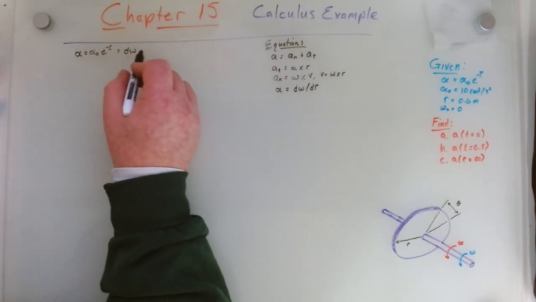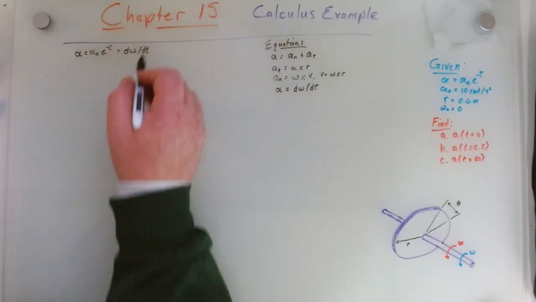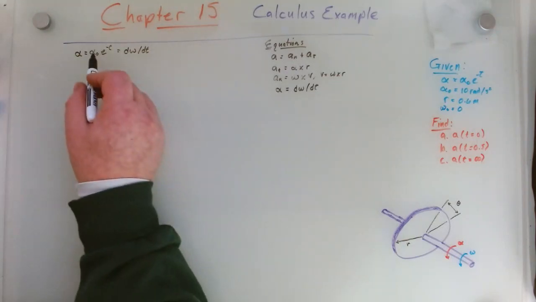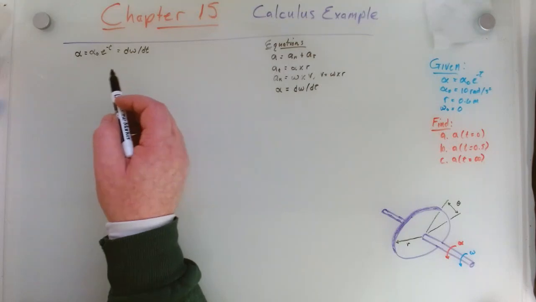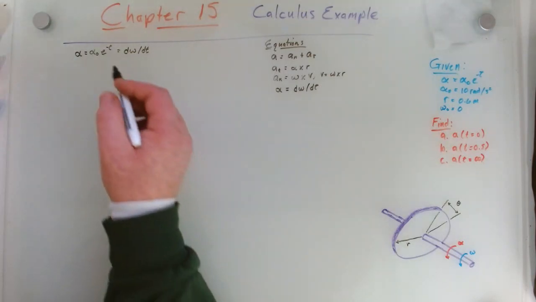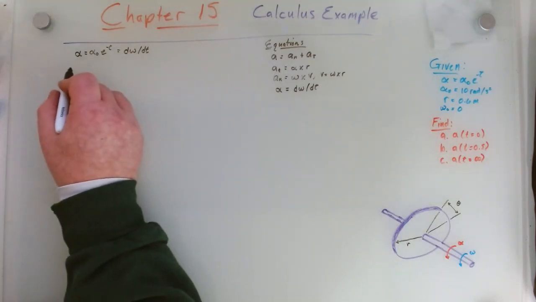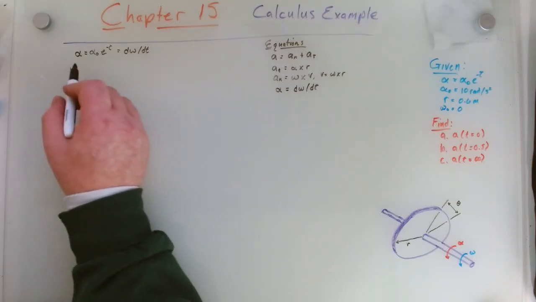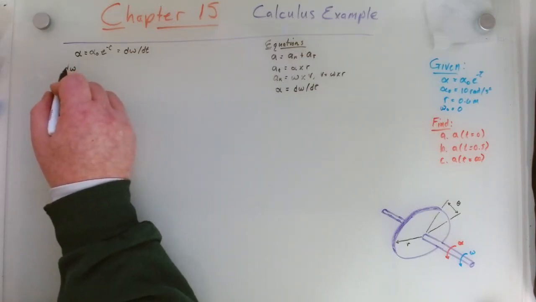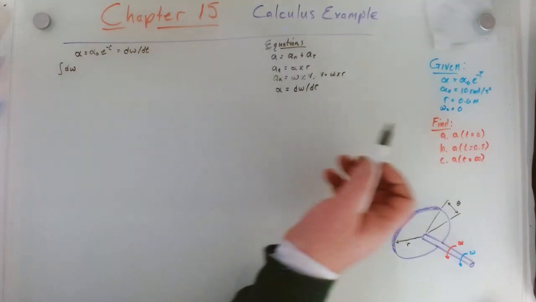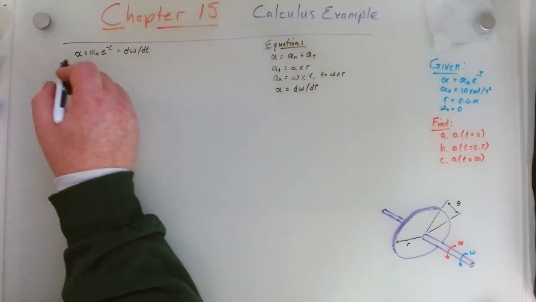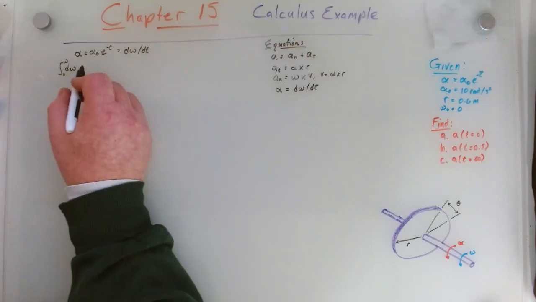d omega dt. Okay, this is 10, and so what I'm going to do is separate and integrate. So omega, and we could go from omega naught, but omega naught is 0, so I'm just going to go from 0 to omega.